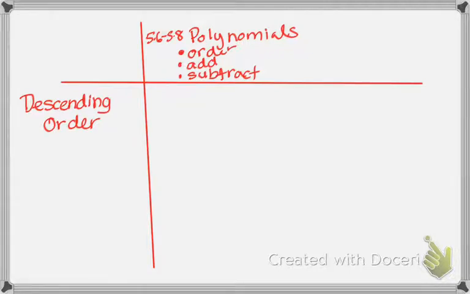Yes. Okay. So, can I turn this off and go back to the PowerPoint? No. Okay, and descending order means going from the biggest exponent to the smallest exponent.